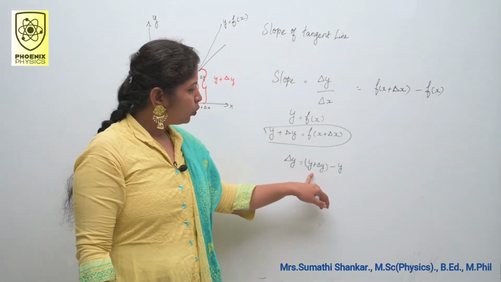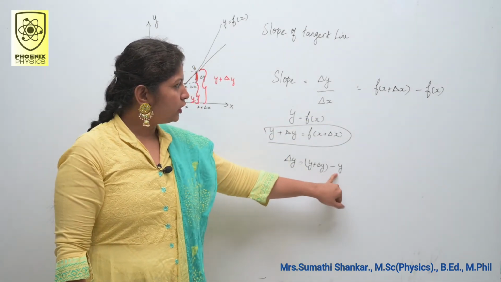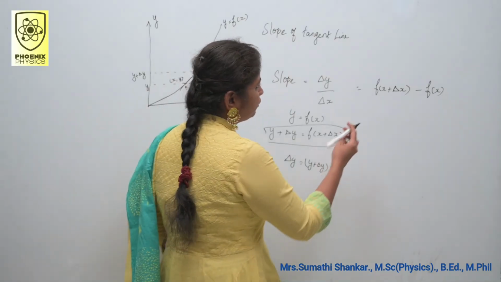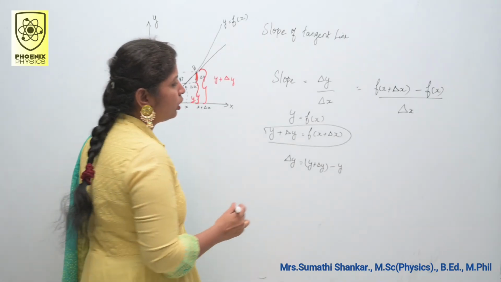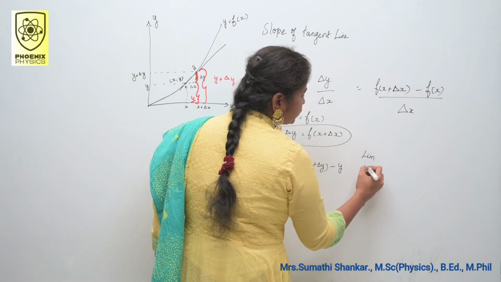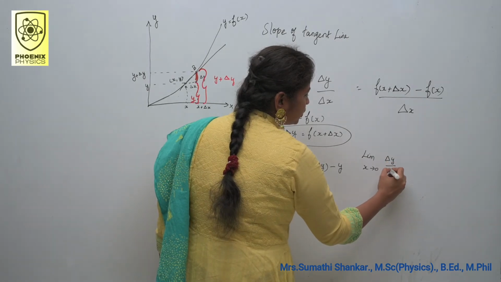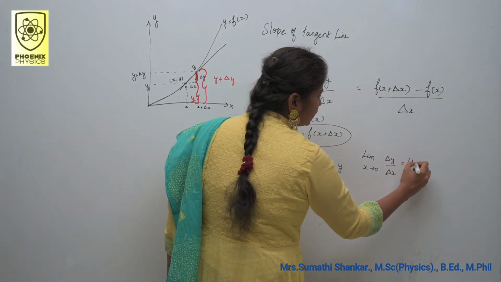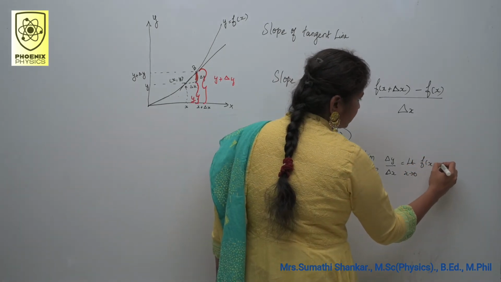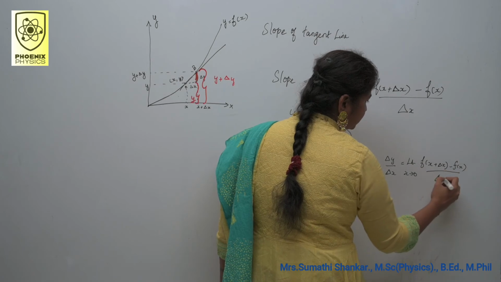You know that y plus delta y is our f of x plus delta x. Then y is nothing but f of x. I just substituted the values, divided by delta x. Now you apply the limit condition. Limit delta x tends to 0, delta y by delta x is equal to limit delta x tends to 0, f of x plus delta x minus f of x divided by delta x.